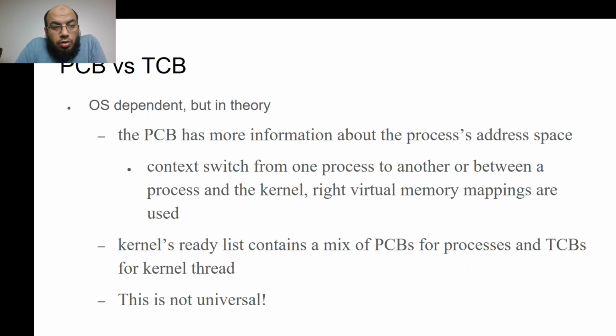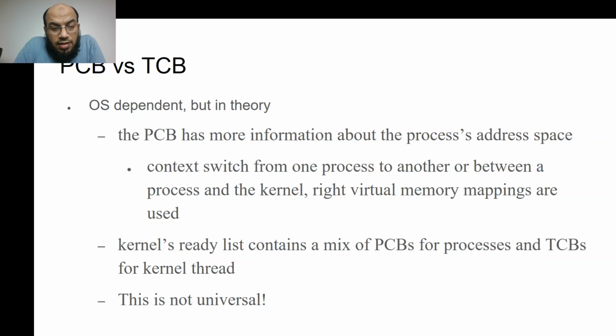But in general, or in theory, the PCB has more information about the process's address space, and about context switching from one process to another, or between a process and the kernel, which is how you do the management of processes.